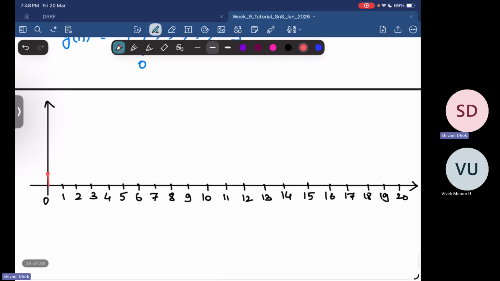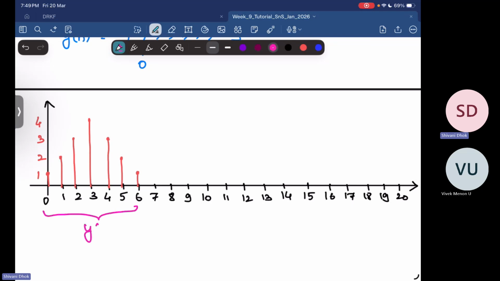Then it becomes 2. Then at 2 it is 3. At 3 it becomes 4. Then it is 3. At 5 it is again 2. And at 6 it is again 1. So this is how it looks. And this is basically your y of n.